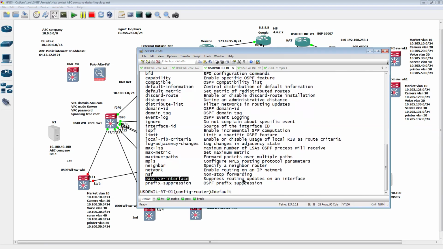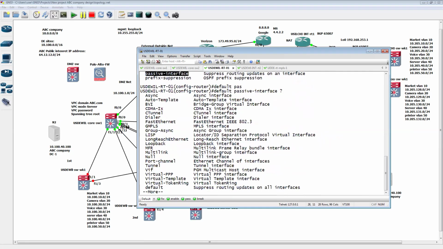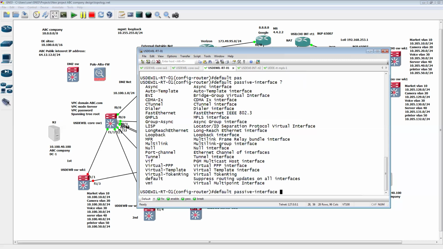That is the command, passive. Okay, what else? Can we hit enter? Not yet. What else do we challenge in here? So default passive interface. Okay.